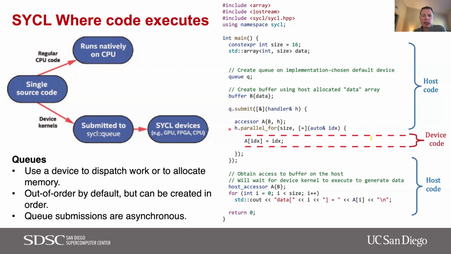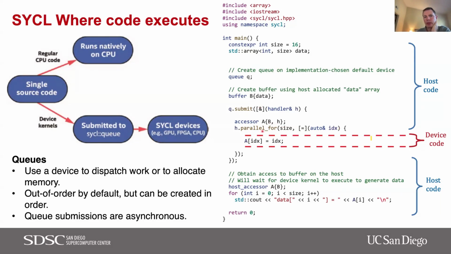We have something here before that's called an accessor. I'll get back to that, but that basically is the second way to handle memory. Instead of using unified shared memory, USM, you can use these buffers and accessors that handle the memory automatically for you.